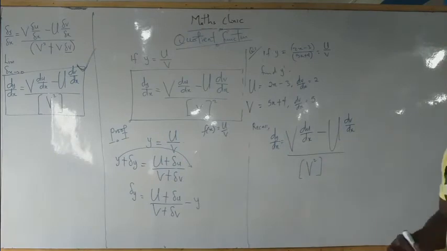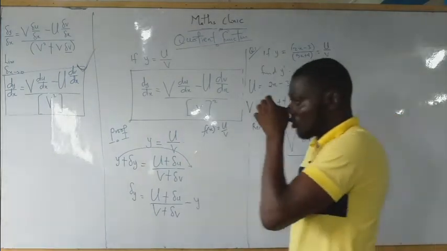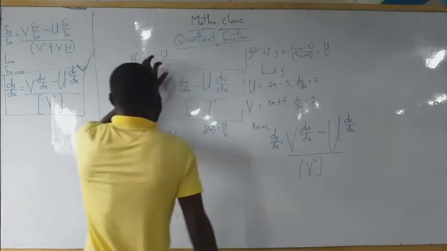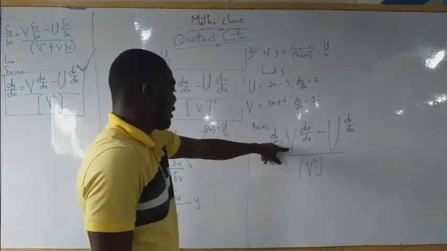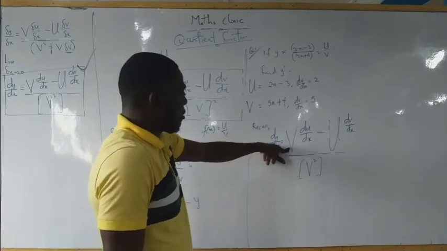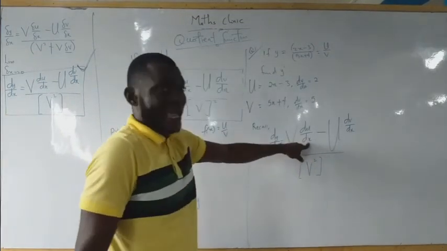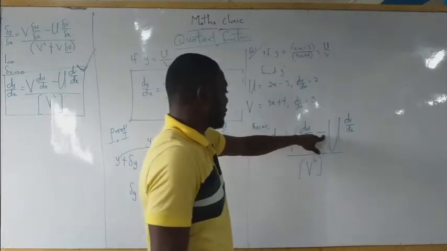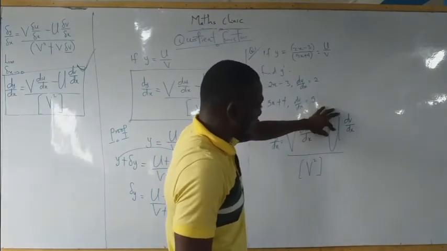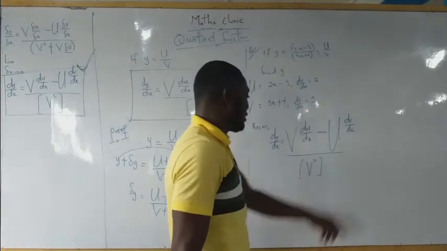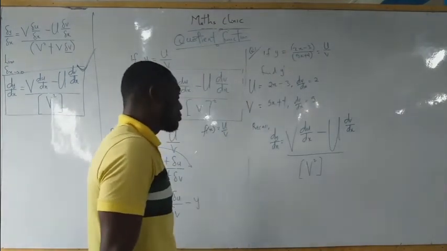When you say bottom, that's the base, which we are using v to represent. That's v square.